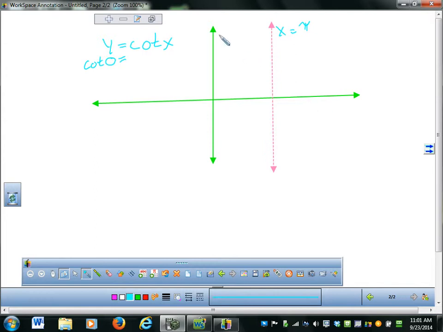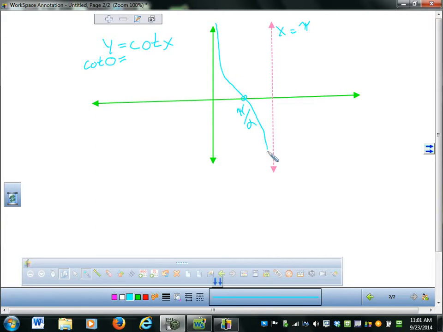So cotangent of x starts up here, and at pi over 2 this goes to 0, because x over y would be 0 over 1. It looks like tangent, except it goes this way.